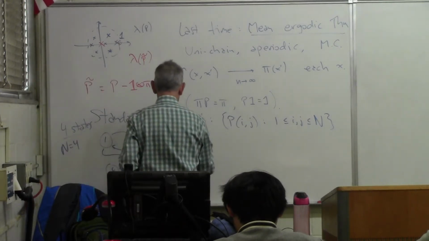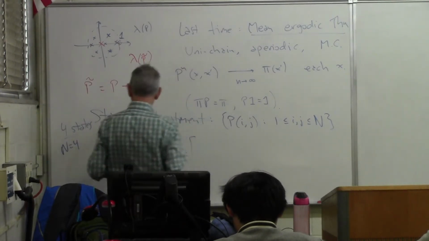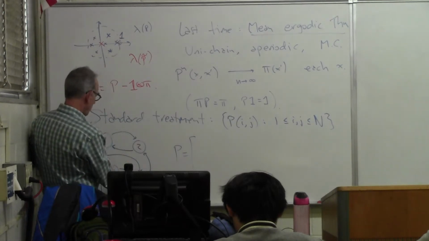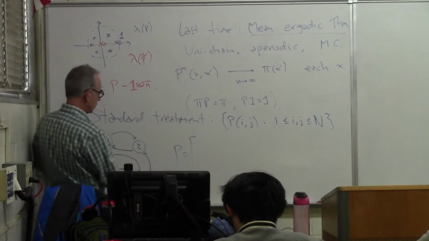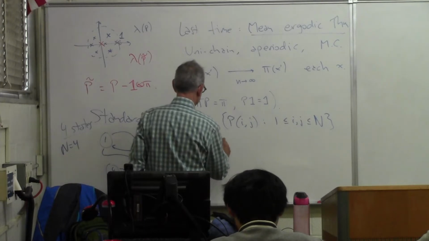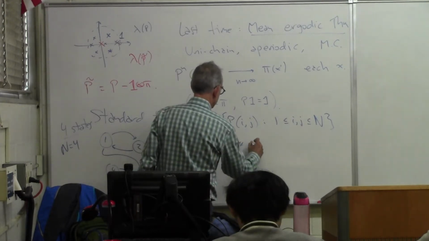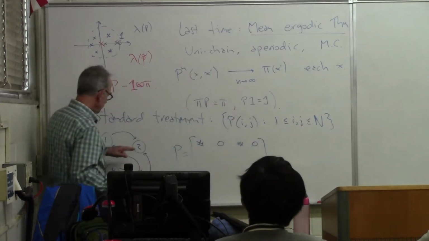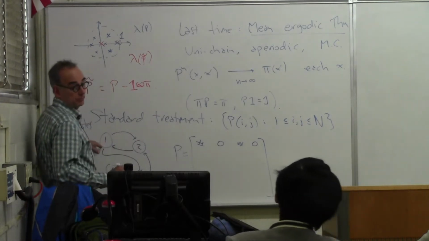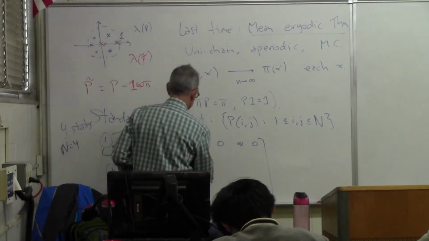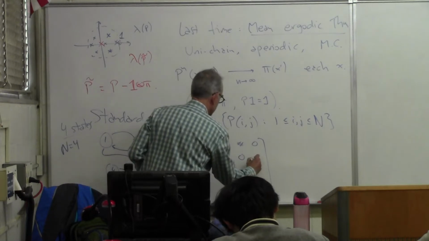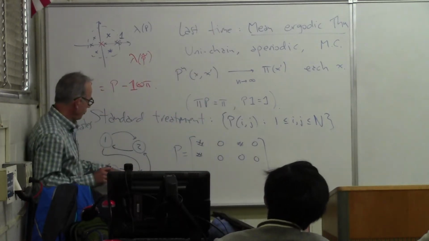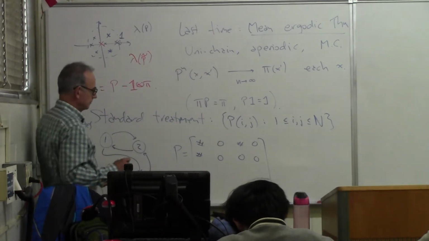What does this mean again? So from 1, I can get to 2 or 3, and that's all. From 2, I can only get to 1. From 3, it looks like I can get to 2.